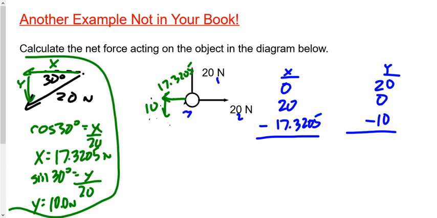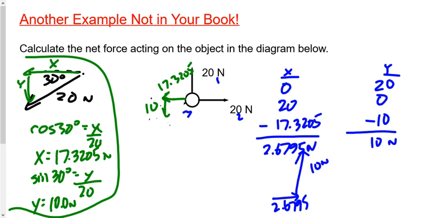Add these up. 20 plus negative 17.3205 gives 2.6795. And this is going to be just 10 newtons. So we're going to say 2.67, 10 newtons.